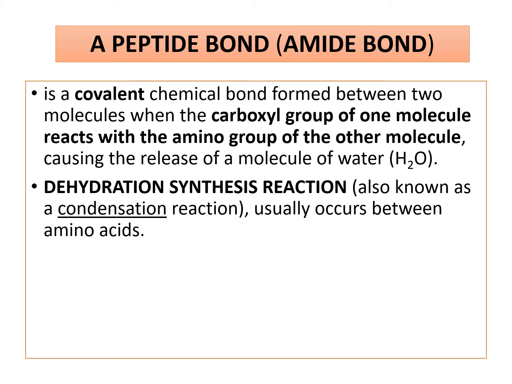So in this reaction, we usually remove the OH from the carboxyl group. If we remove that one, we will have the OH here. And then one hydrogen atom will be released from the amino group. So if this specific hydrogen atom is released, we will have the H here. So OH reacting with H, we will have H2O, which is a water molecule.